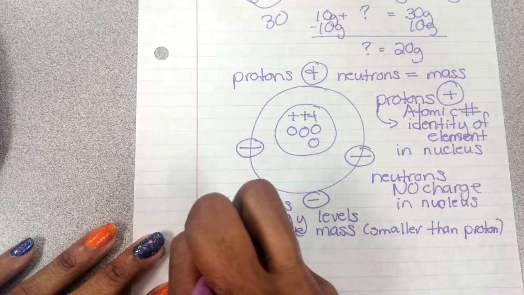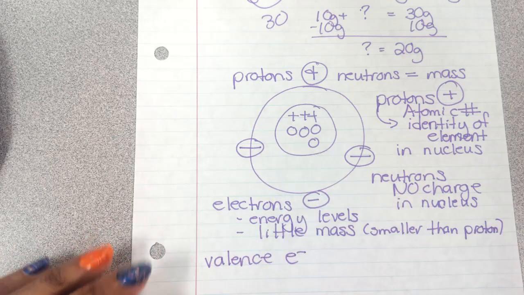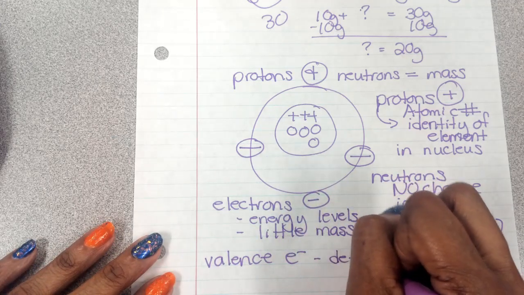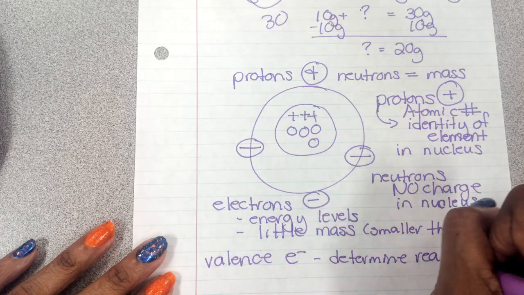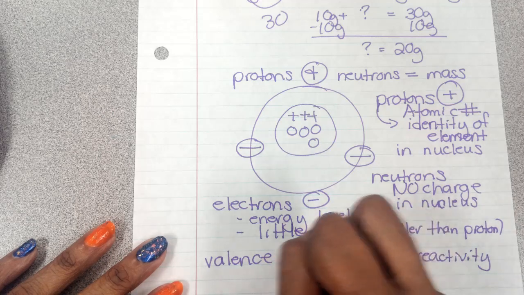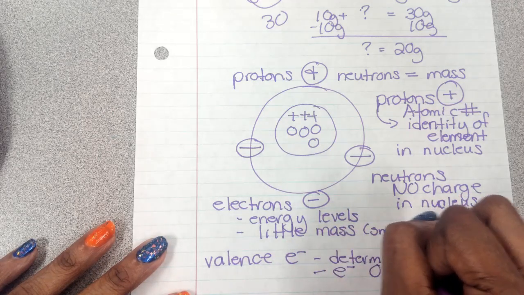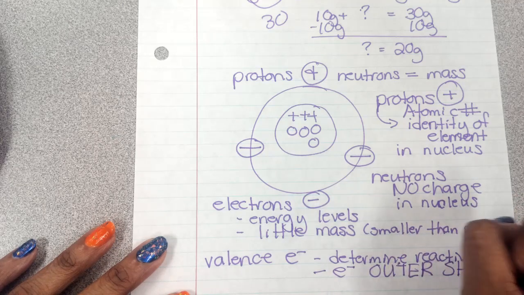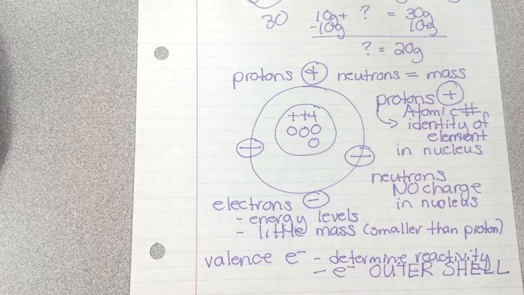And then the valence electrons, which we went over, but I'm going to go over it one more time. These determine reactivity, and the valence electrons are the electrons in the outer shell. Okay, so remember that.